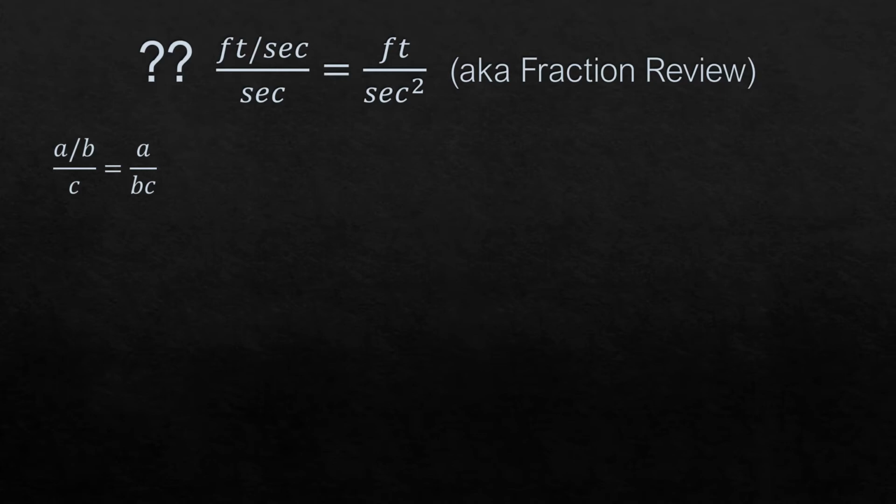So both the b in the denominator of the original fraction and the c that you then divide the fraction by can be multiplied and be put in the denominator of the new fraction. With regular numbers, let me show you. If you had 1/5 and you divided by 4, you could also express that as 1 over 5 times 4, or 1 over 20.